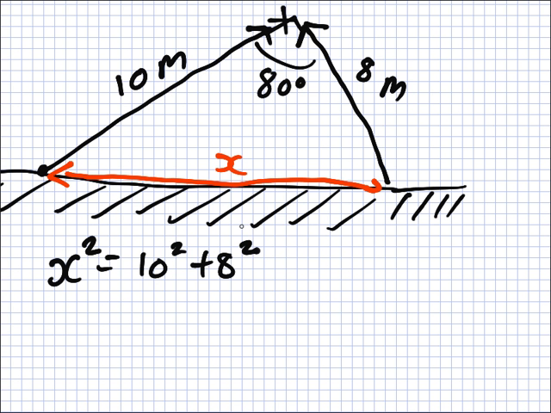But why is it not Pythagoras? It's not 90, it's actually 80. So cosine is a little bit like Pythagoras, but we need an extra piece. The extra piece is minus 2 times 8 times 10 times cos 80.